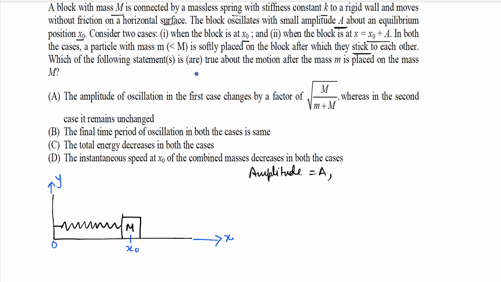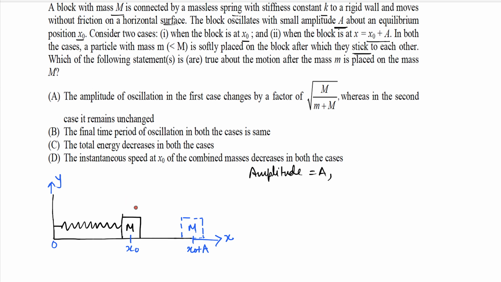Now there are two cases that we need to consider: at x equal to x0 and x equal to x0 plus a. So let's say this is the other case where m is at x0 plus a, right? Okay, and then at both the places we drop a particle of mass m here and then we need to find out.